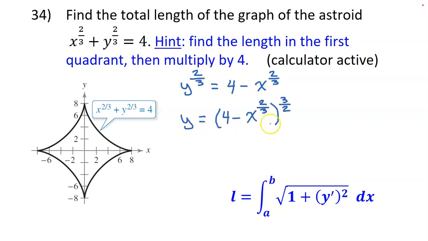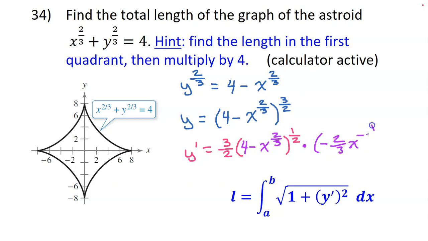Now that we have y by itself, we can find y prime using the chain rule. First we take the derivative of the outer function, which gives us this, and then we multiply by the derivative of this inner function, which is negative 2/3 x to the negative 1/3 power.